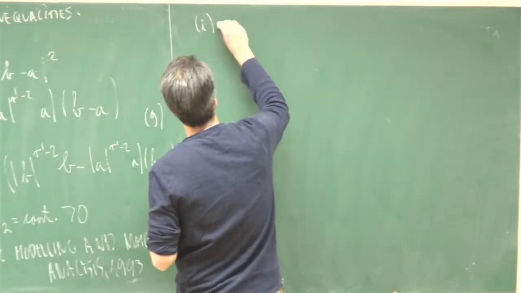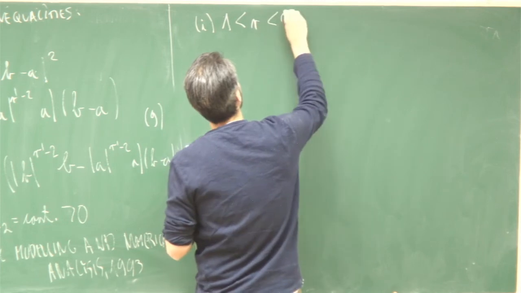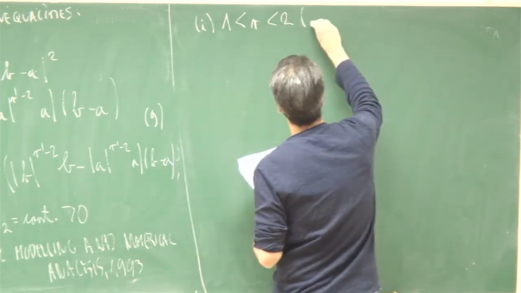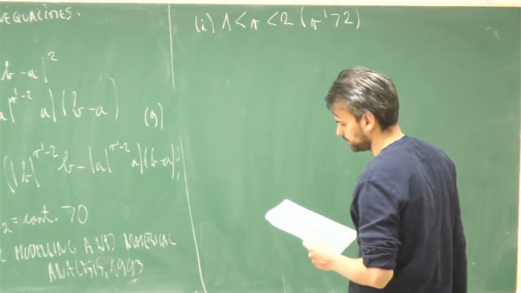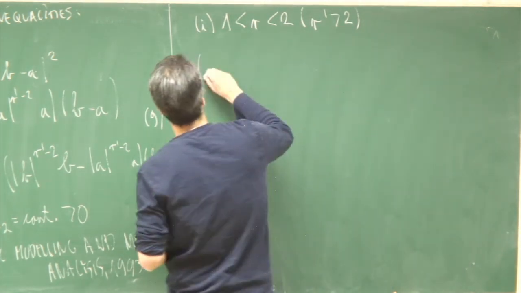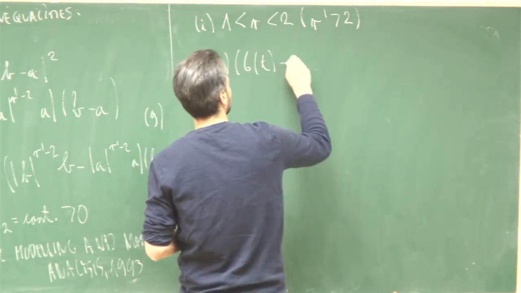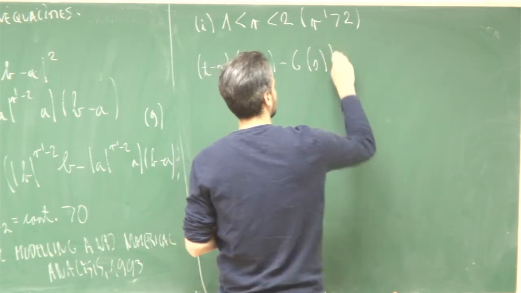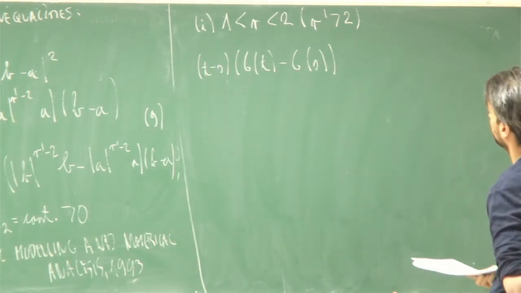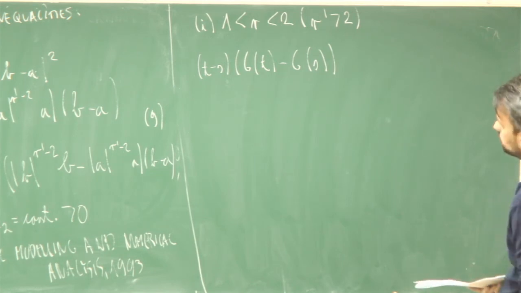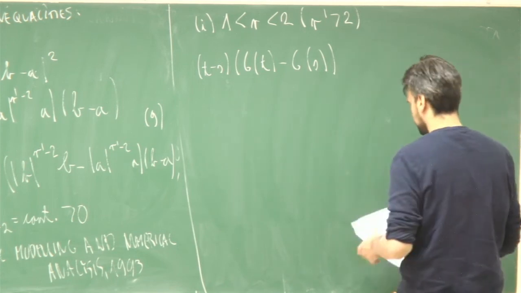So in the first case, r is bigger than 2, the conjugate is bigger than 2. Then you have (t − s)(g(t) − g(s)). If we show that this is less than or equal to 0, then you have a strictly decreasing function, which is more or less obvious.